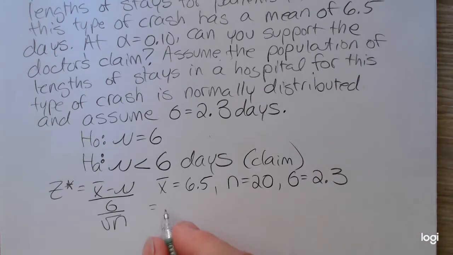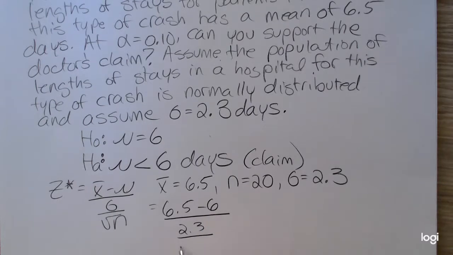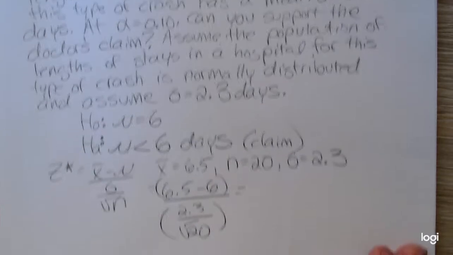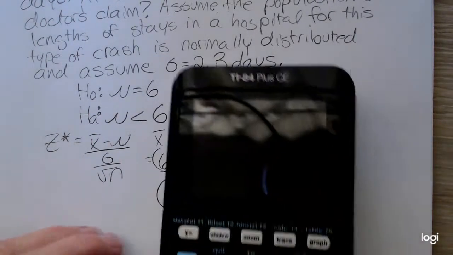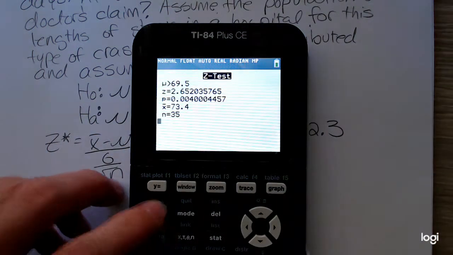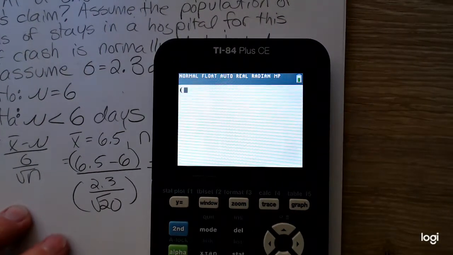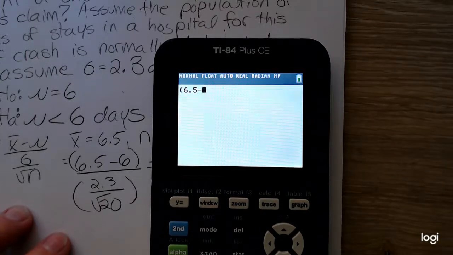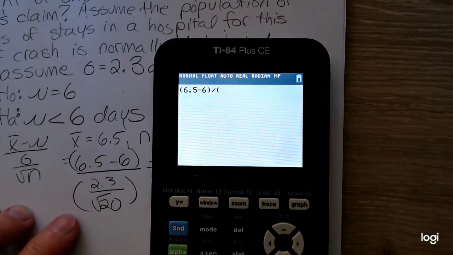So plugging into this formula, using parentheses around the numerator and denominator expression just to be on the safe side with the calculator, it always helps to use parentheses so the calculator will observe the correct order of operations.